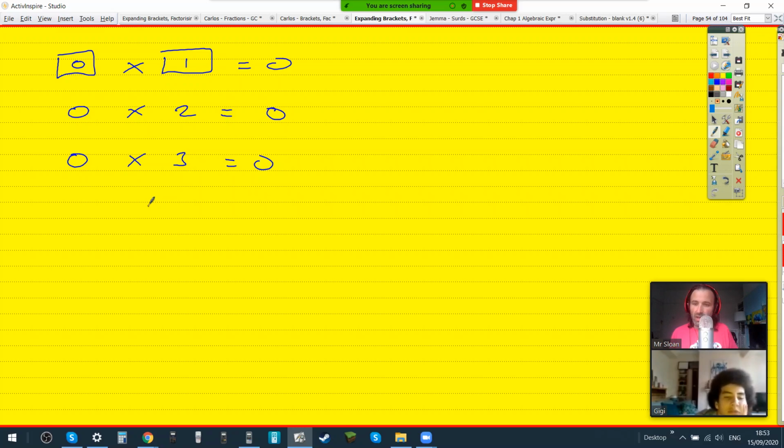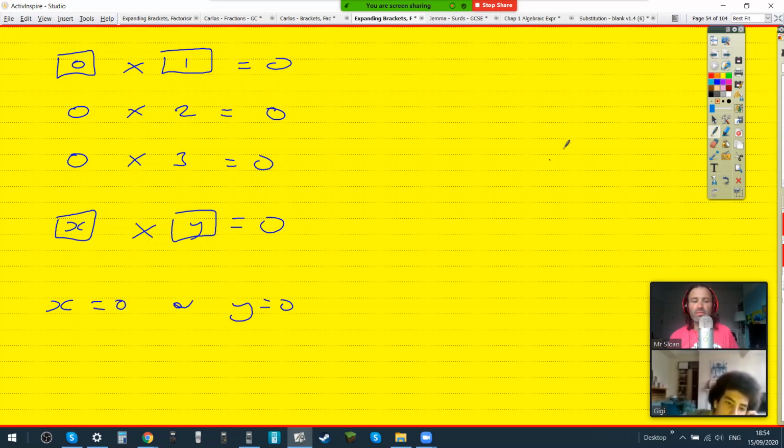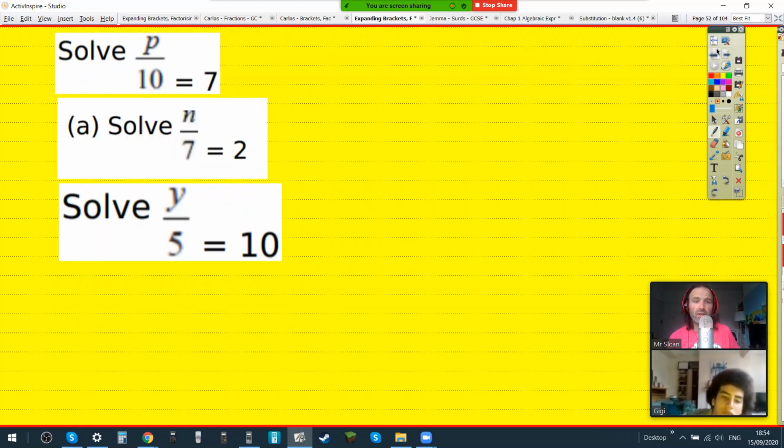I'm not sure. I think so. It isn't. And so what that tells you is if you saw something times something equals 0, let's say that's x, that's y, you would know that either the first one is 0 or the second one is 0, or both of them.